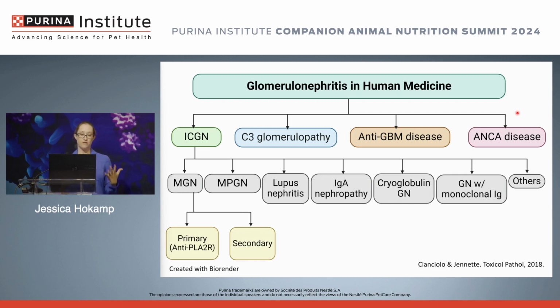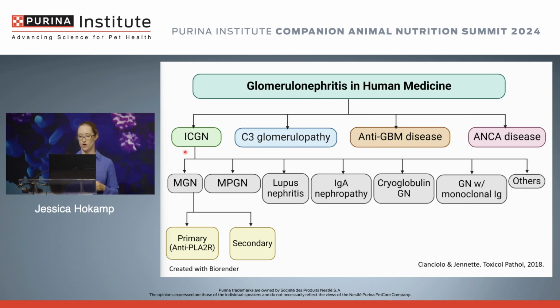And in veterinary medicine, while we occasionally, and actually I should really say infrequently, see the C3 glomerulopathies, predominantly what we see for the glomerulonephritides are the immune complex-mediated glomerulonephritis. Right to date, we don't see these other diseases.